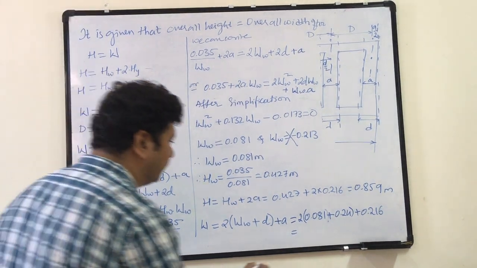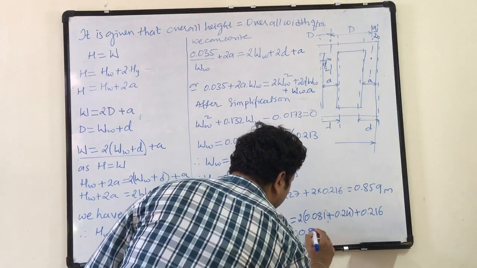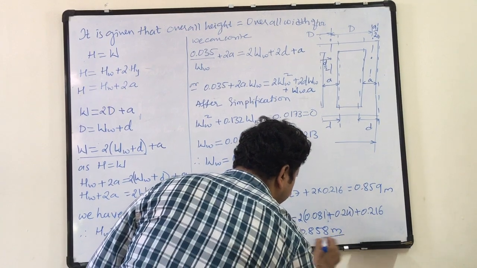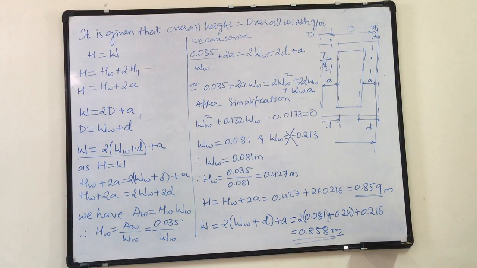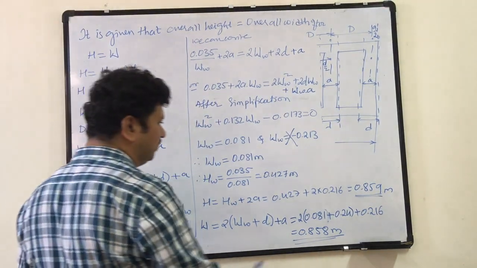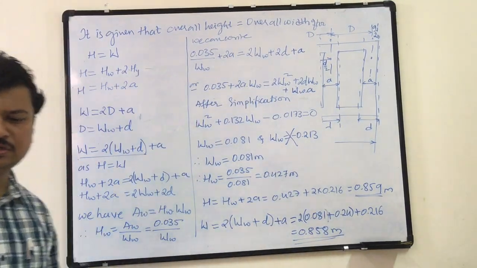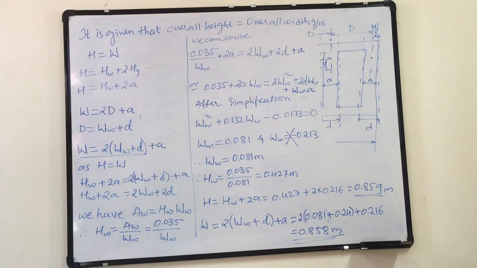You will get 0.85 meters. So there is a difference in the third decimal point. So the overall dimensions are equal. We obtained these dimensions from this condition only, overall height is equal to overall width. Okay, so when we calculated back, it was justified.